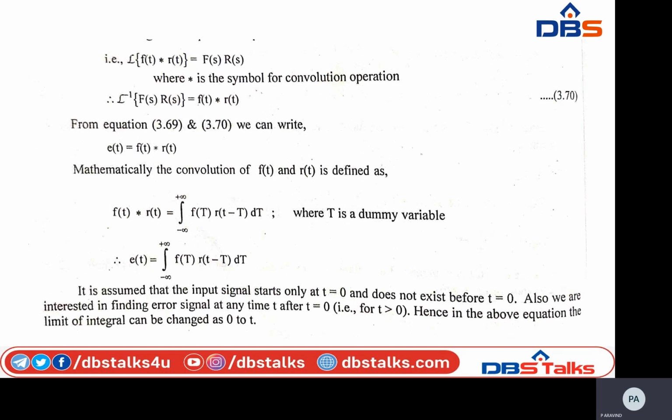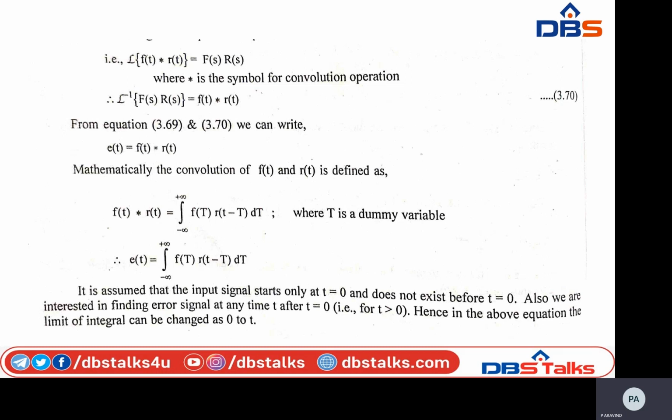So here E of T in time domain is equal to F of T convolved with R of T. So mathematically, the convolution of F of T and R of T is defined as integration from minus infinity to infinity F of T into R of T minus capital T into dt.